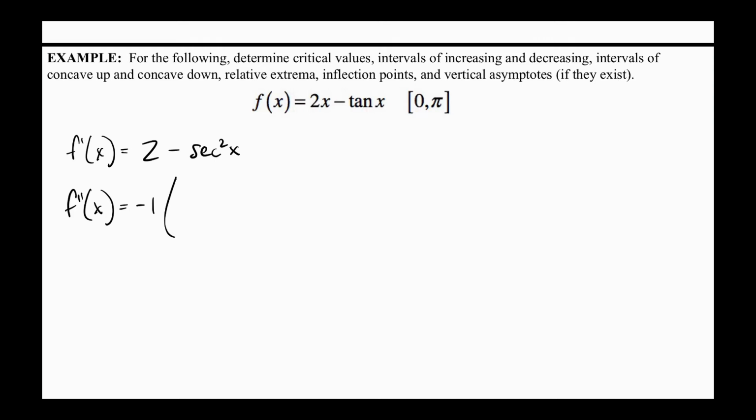To find the second derivative, we're going to have to use the chain rule because it's secant squared.